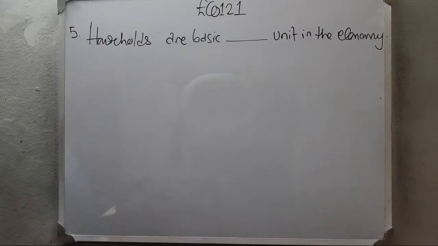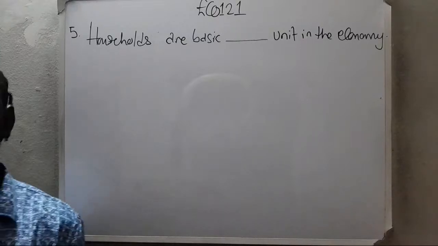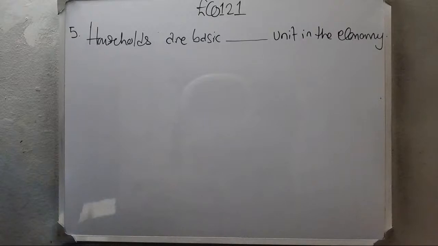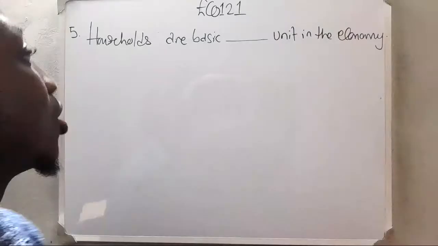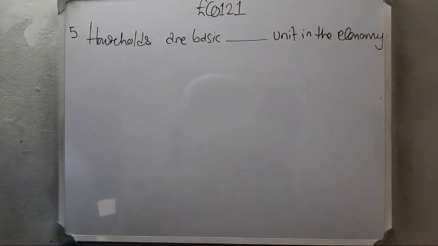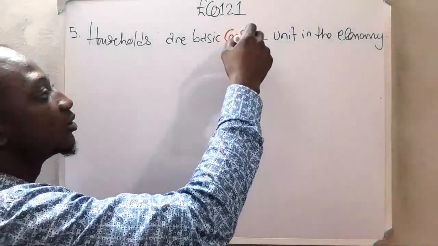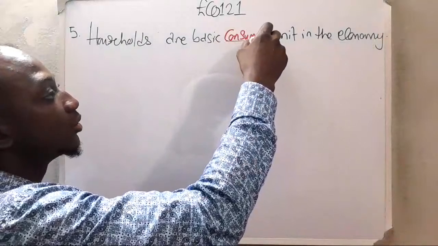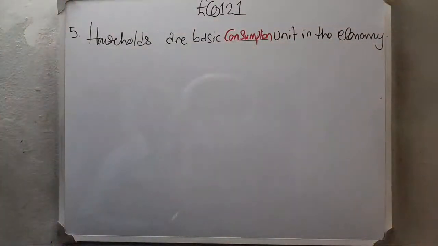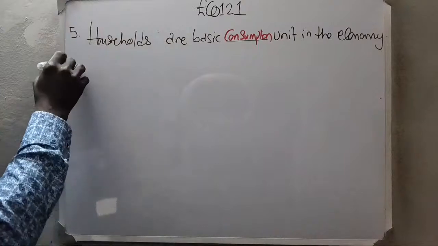Thank you very much for that. That's Fashion Luxury, giving us the detail of what quantity demanded is. So we have the answer to this: basic what? Consumption. It's a basic consumption unit in the economy.